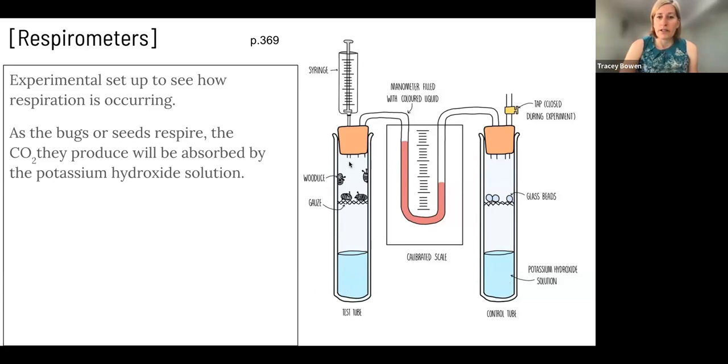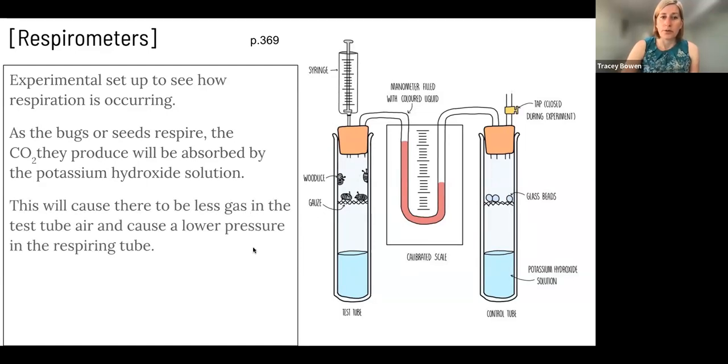And so if you imagine these bugs or seeds are taking in oxygen, and the replacement carbon dioxide that would come out is instead going into the solution, that means the volume of gases in this tube is going to decrease. And if the volume of gases is decreasing, then the pressure here is also going to decrease because there are fewer molecules in there.